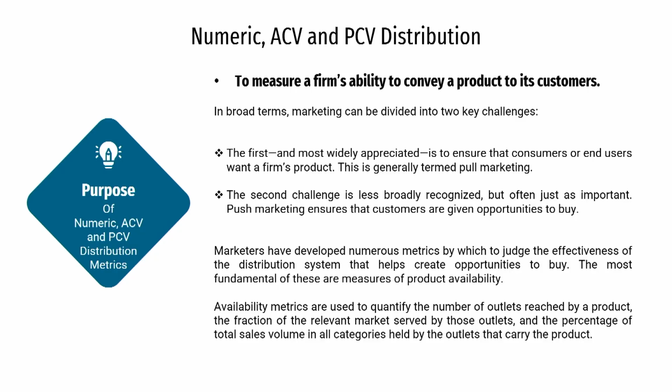But to get a competitive edge in terms of push marketing, you must have a strong distribution network. Marketers have developed numerous metrics by which to judge the effectiveness of the distribution system that helps create opportunities to buy. Creating opportunities to buy means making the brand conveniently available for the customers.